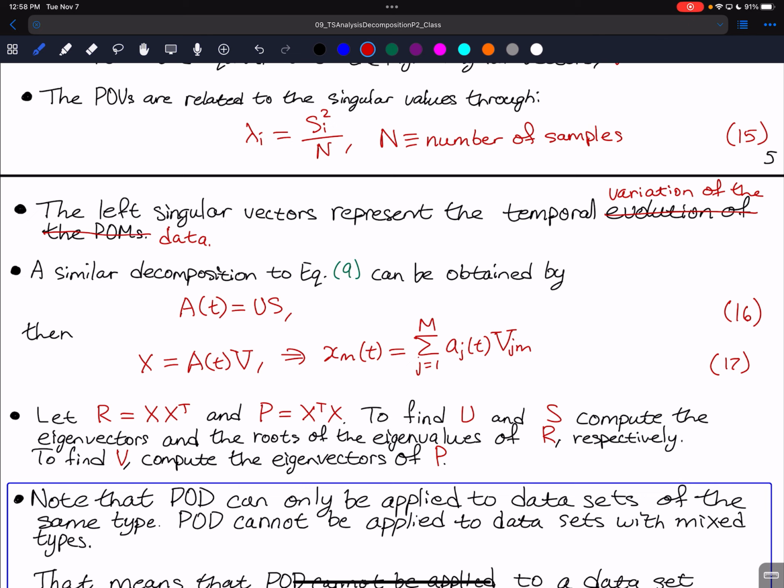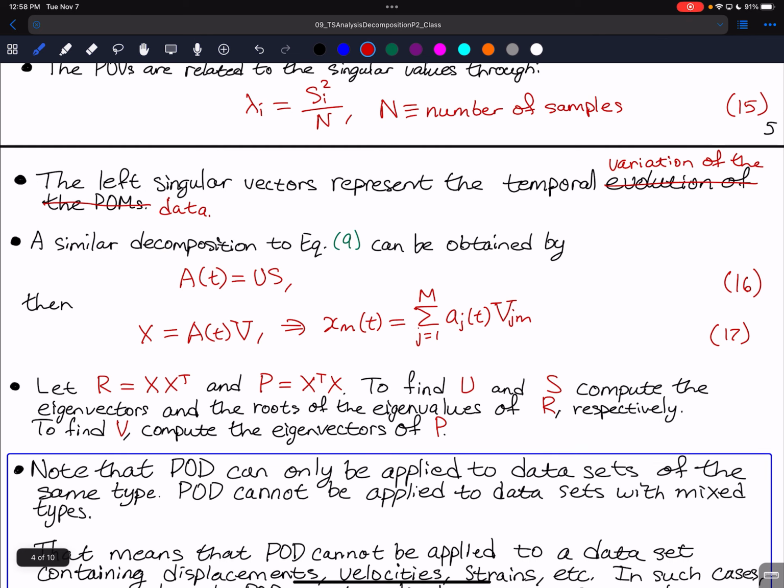Okay, so if you want to compute the POMs without using the SVD algorithm in MATLAB, what you can do is let big R equal X times X transpose, and we'll let big P be equal to X transpose times X. You can find U and S by computing the eigenvectors and the roots of the eigenvalues of R respectively.